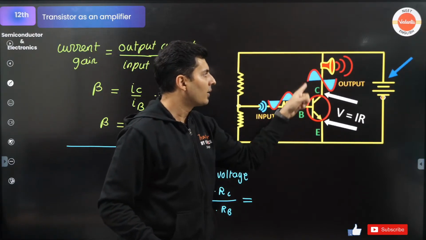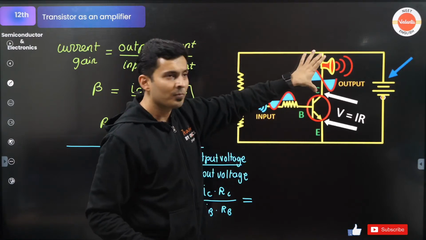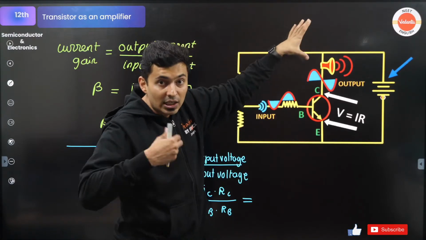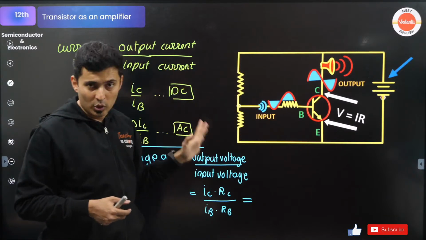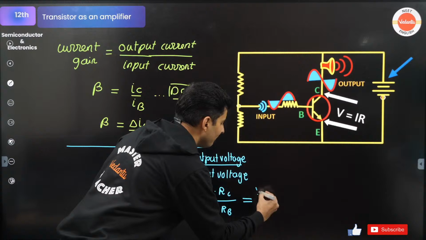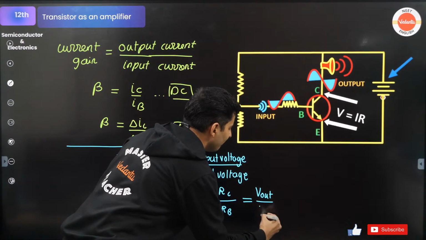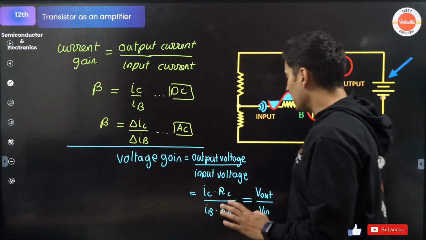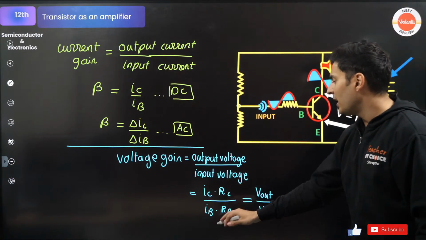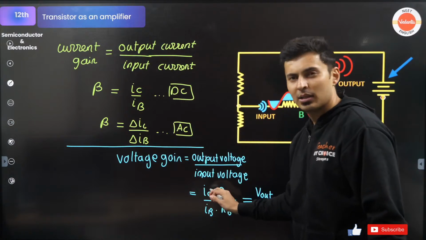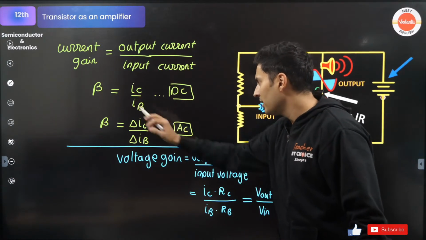Whatever voltage is coming out is called output voltage, so it is IC into RC, and this is input voltage, which is IB into RB. So Vout upon Vin, that's exactly what it is called. In fact, IC by IB is nothing but beta. You can also call this beta if you want to.